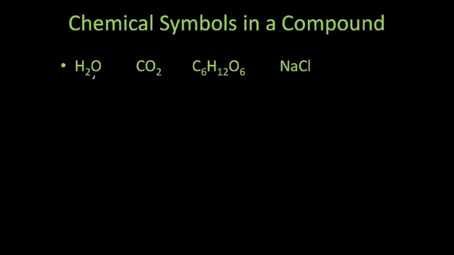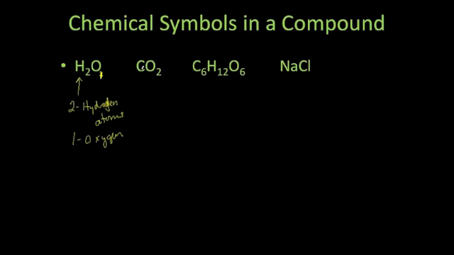So you have 2 hydrogen atoms here and 1 oxygen atom. If there is no subscript, it can be assumed that there's 1 atom of that element. You don't necessarily need a subscript because the symbol is already representing 1. So this is H2O: 2 hydrogen, 1 oxygen.